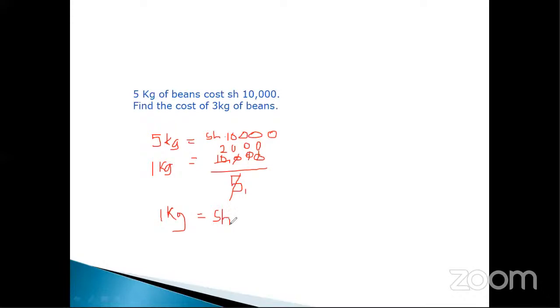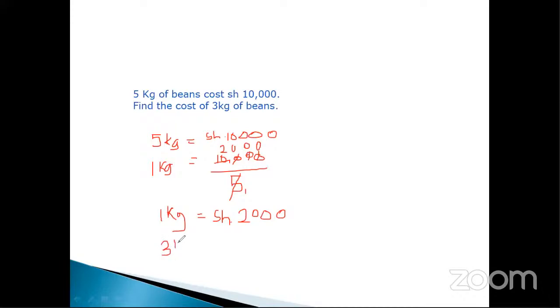Now, if you know that 1 kilogram is 2,000 shillings, how do you now get the cost of 3 kilograms? We multiply 2,000 shillings by 3 kilograms.